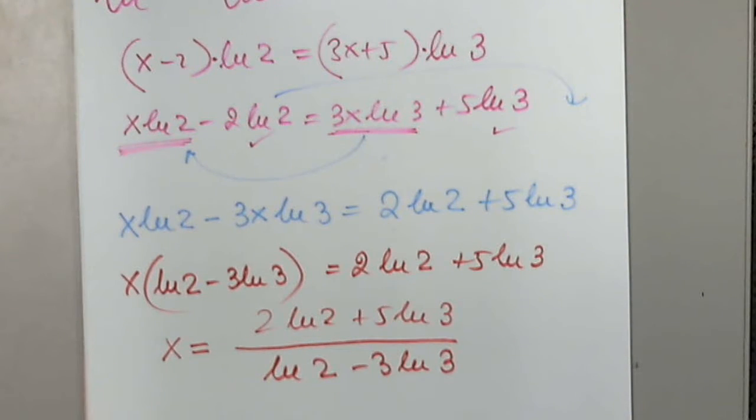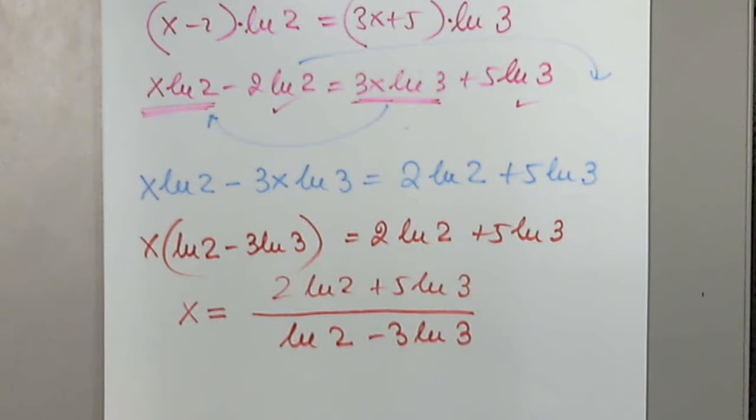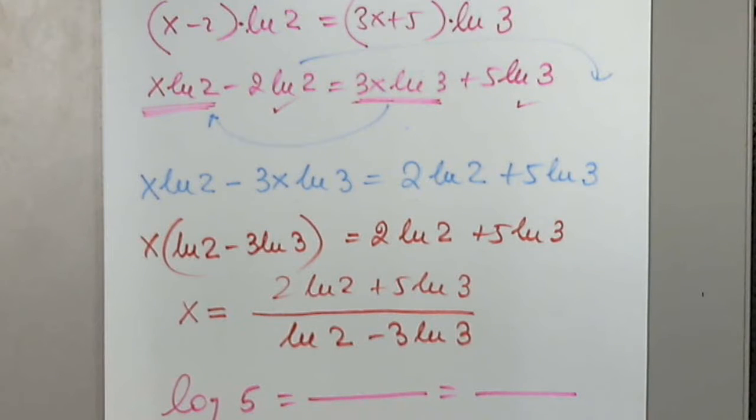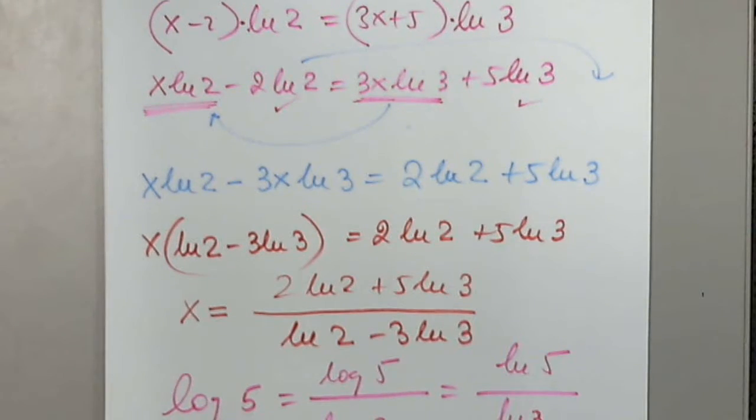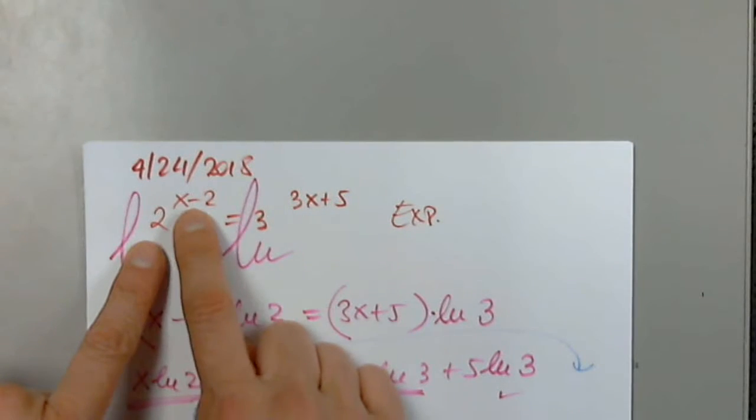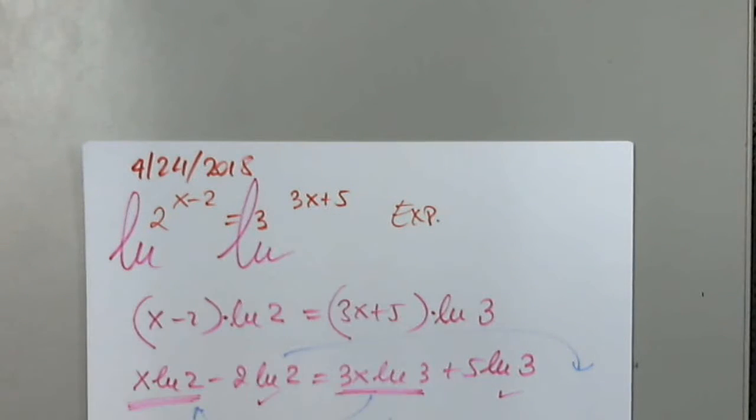Very good point. Let me refresh your memory on that. If I want to determine log base 3 of 5, and I don't have base 3 in my calculator, I will have to write a ratio. One of them is log of 5 over log of the previous base, and the other is natural log of 5 over the natural log of the previous base. But this has nothing to do with what we had, 2 raised to x minus 2 equals 3 raised to 3x plus 5.